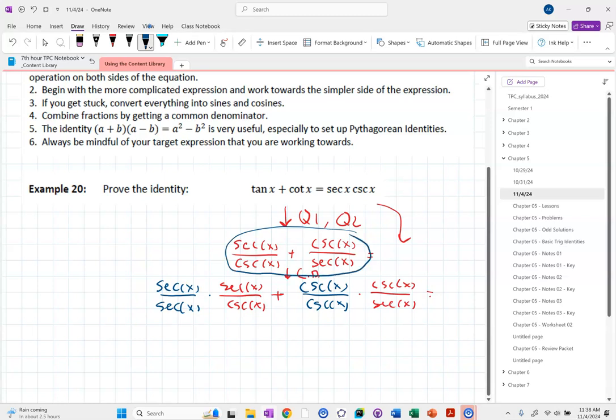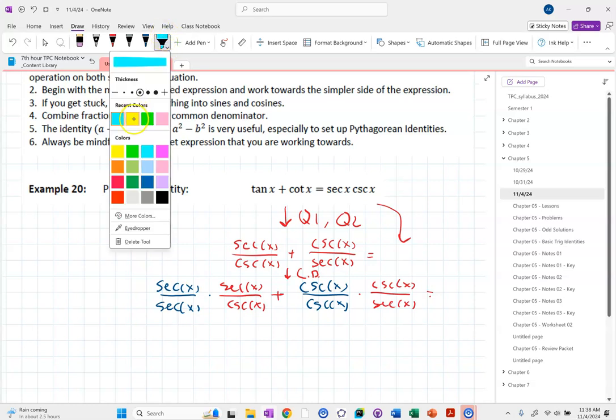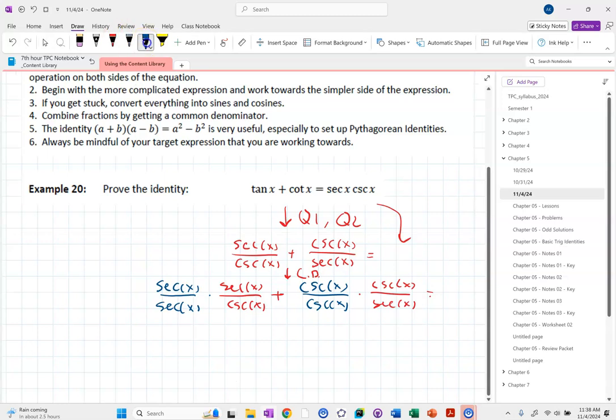When you made a common denominator, the rules are the same as adding fractions. You can't just say, I'll multiply this one by 3 over 2 or something like that. You can't do that. Is that what you're asking? Okay.